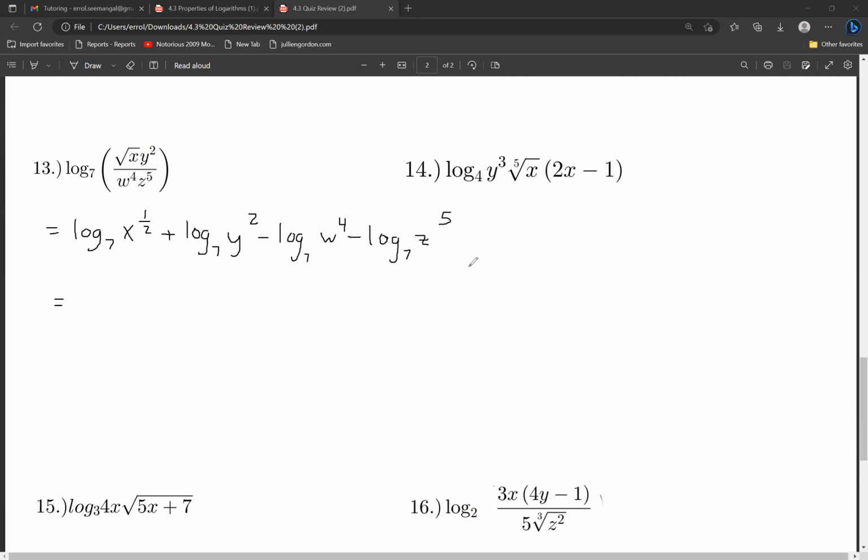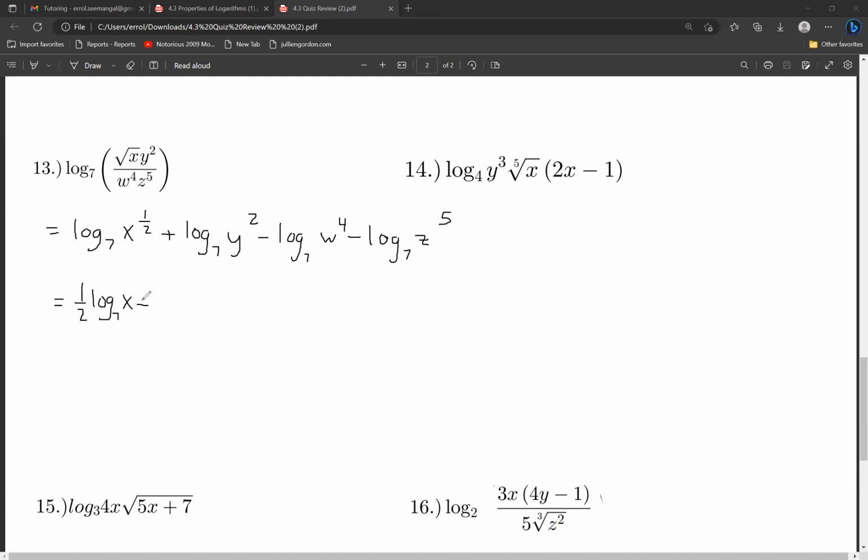Log 7. Simplified. Yeah, just bring the exponents to the front. Okay. Half log 7x.